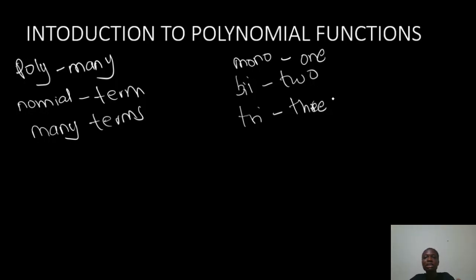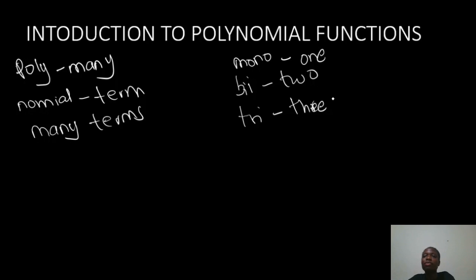So we say that a polynomial function with two terms is called a binomial function, and a polynomial function with three terms is called a trinomial function. For some of them we have specific names, but any function that has more than one term, we say that function is a polynomial function.